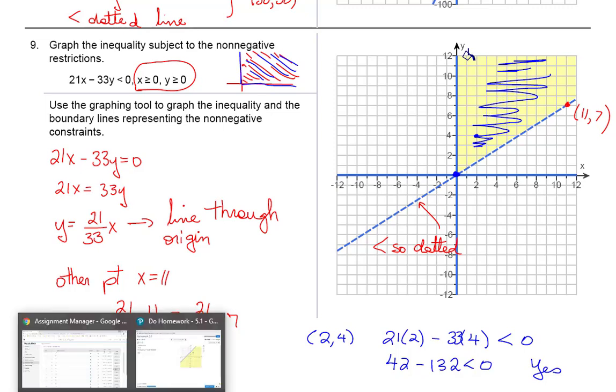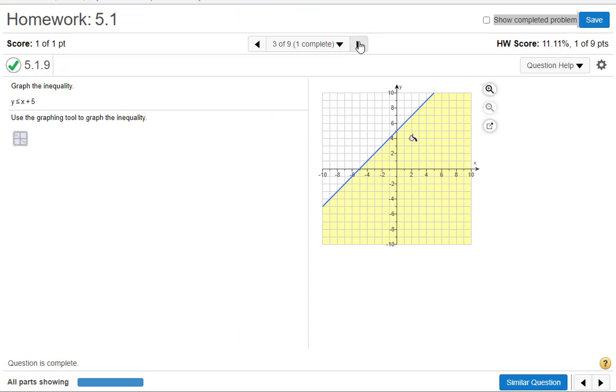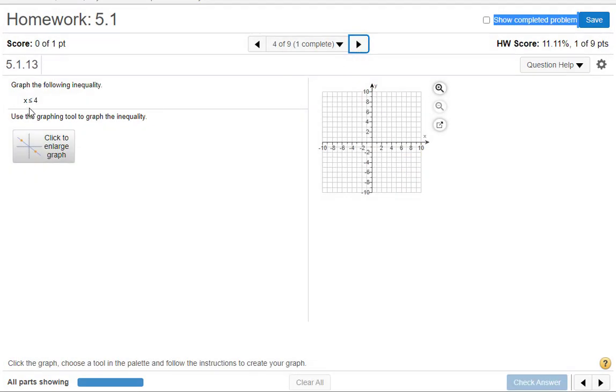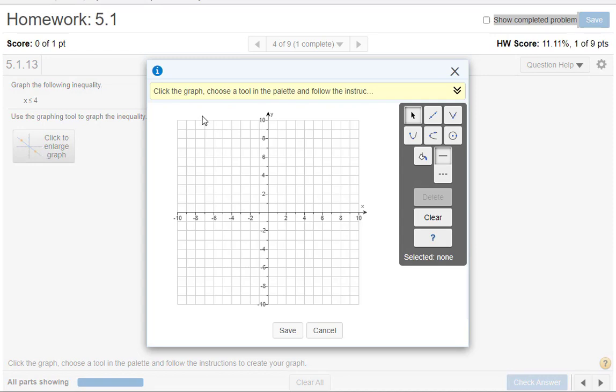So let's go back to my math lab again and look a little bit more. What if we had this case where x is less than or equal to 4? I get out my graph. I need to graph the vertical line x equals 4, and it is solid.